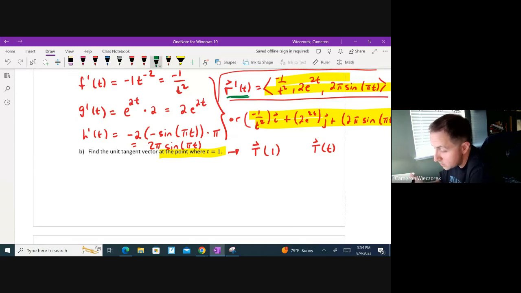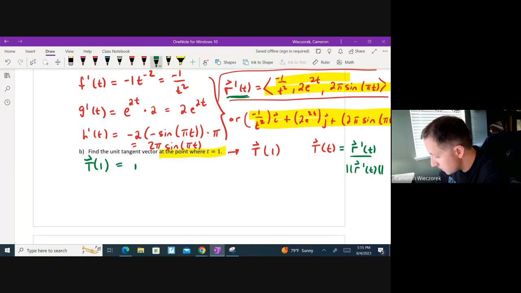Since they did not ask for a general expression for the unit tangent vector, my advice would be this. Let's just crank out what this would be by plugging in 1 immediately. If capital T is equal to r prime of t over the magnitude of r prime of t, there's our expression, then capital T at 1 would just be r prime of 1 over the magnitude of r prime of 1.